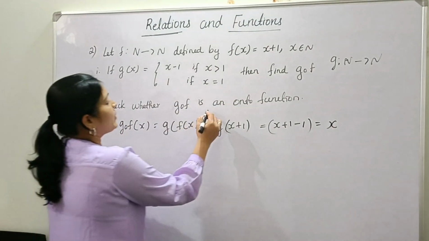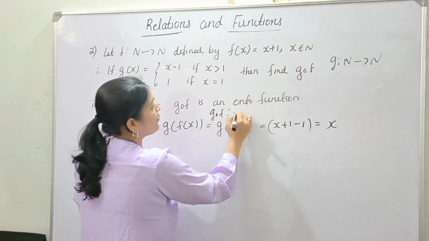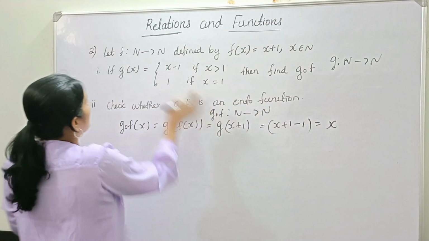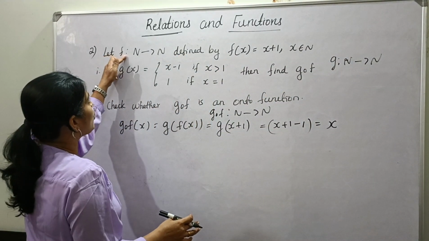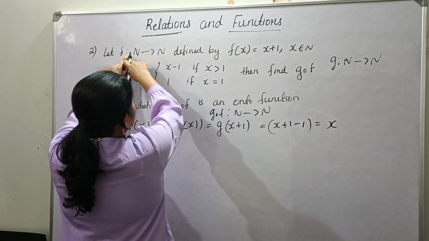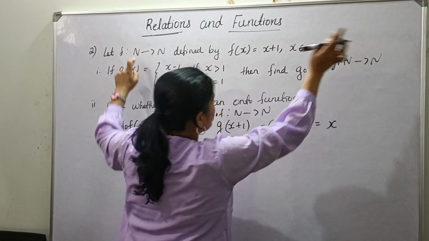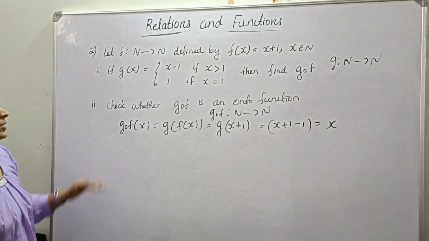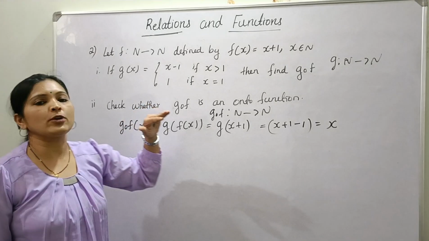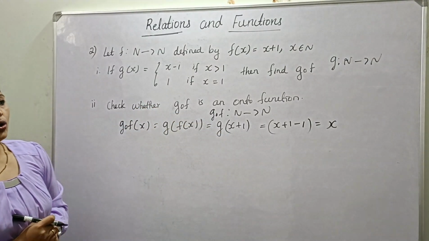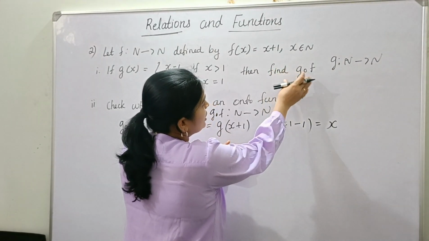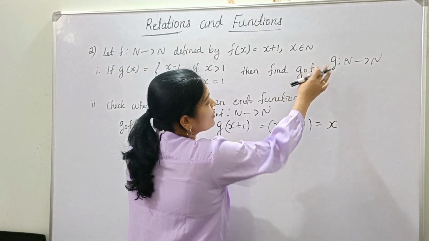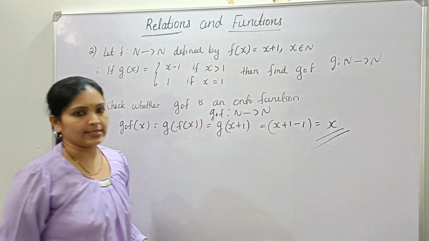And we know that g composite f is from N to N, since f is from N to N and g is from N to N. And here we have got g composite f of x is equal to x. Now we have found the function g composite f, equal to x.